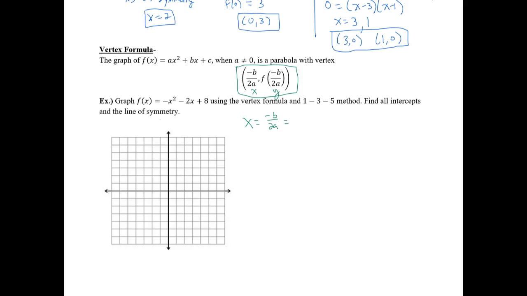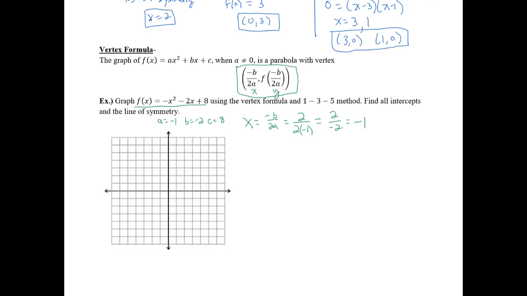In this case, a is negative 1, b is negative 2, and c is 8, right, from this equation. So negative b when b is negative 2, so negative 2 would make positive 2, over 2 times a, which is negative 1. 2 times negative 1 is negative 2, and 2 divided by negative 2 is negative 1.